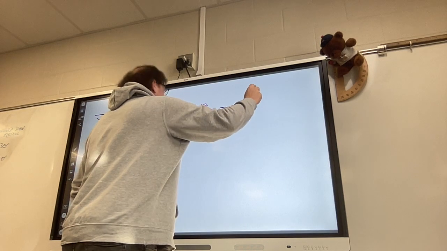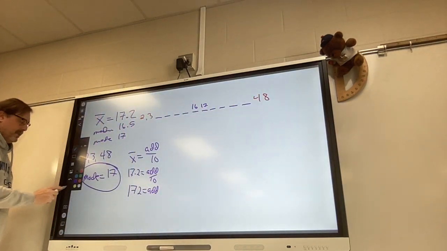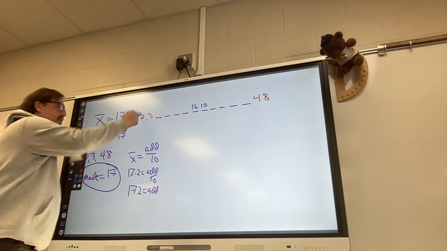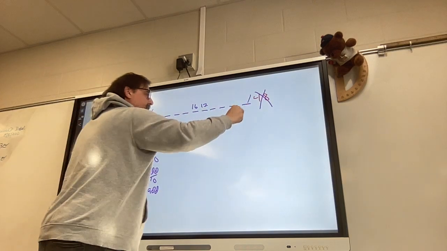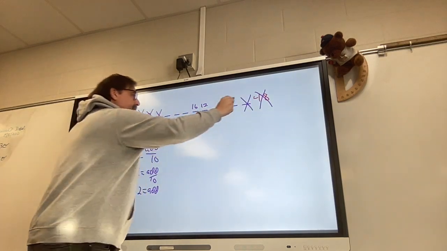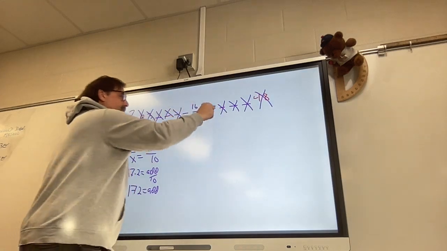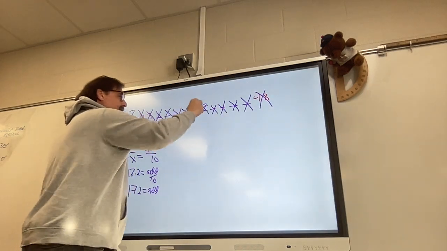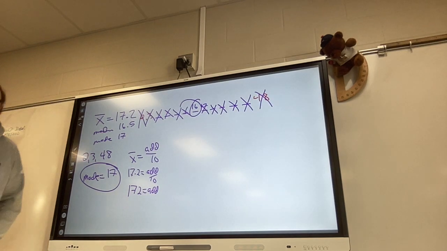Oh no, and the 48-year-old is here. And now to find the new median, we're just going to cross out one on each end, repeatedly. The new median would be 16.